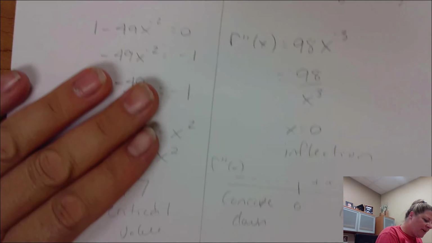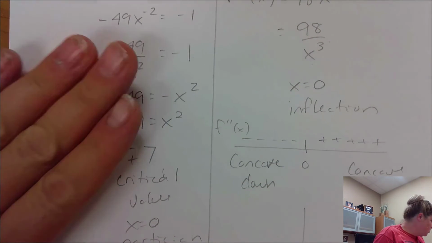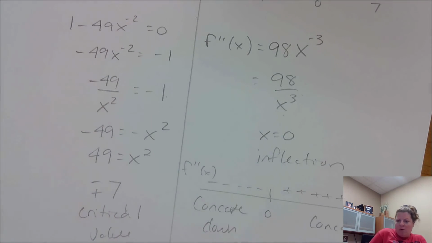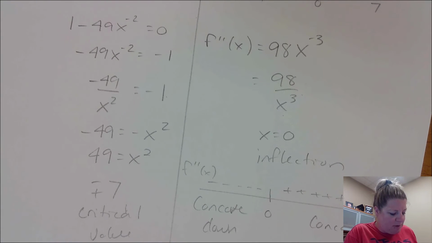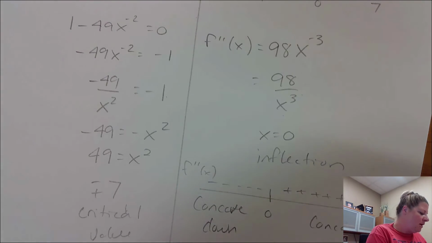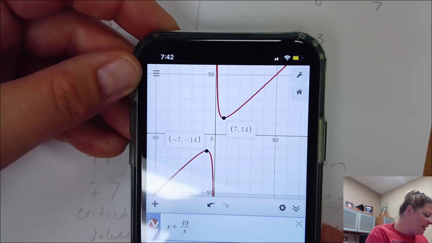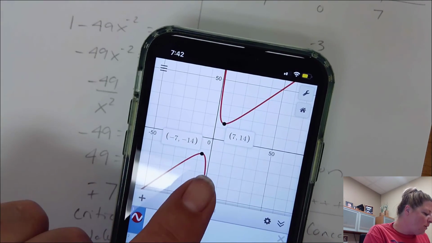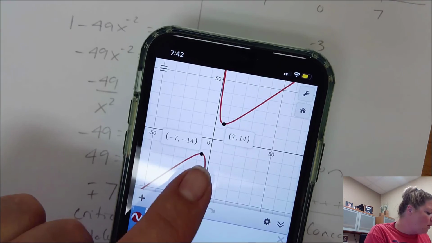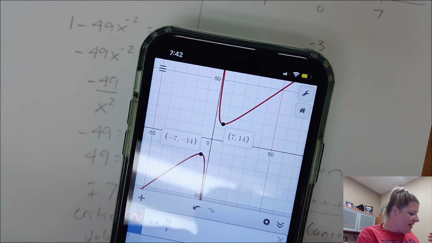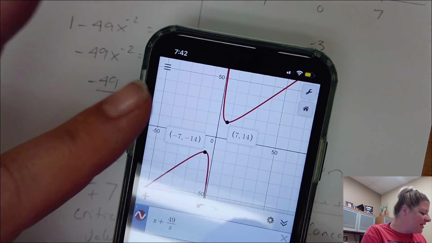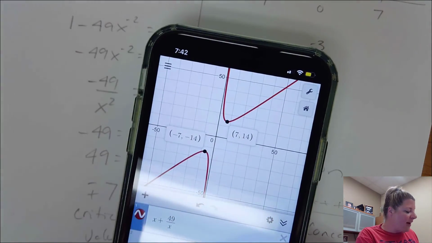So if we think about this a little, maybe I'll just show you on my phone. I can't open up Desmos or it locks up my computer, so I found it's easier if I do it this way. If we look at the graph, this is what it looks like, which is exactly what we found. We have a local max and local min at 7 and -7, and then we can see at 0 we're concave up and concave down.